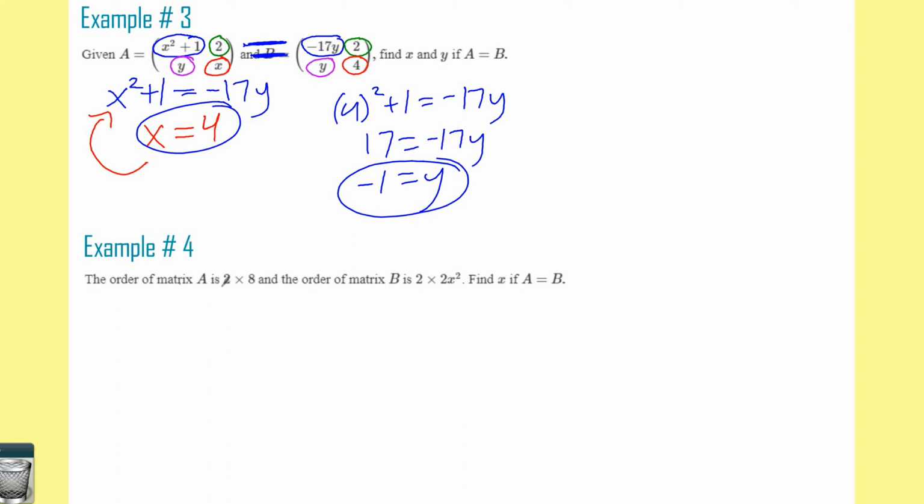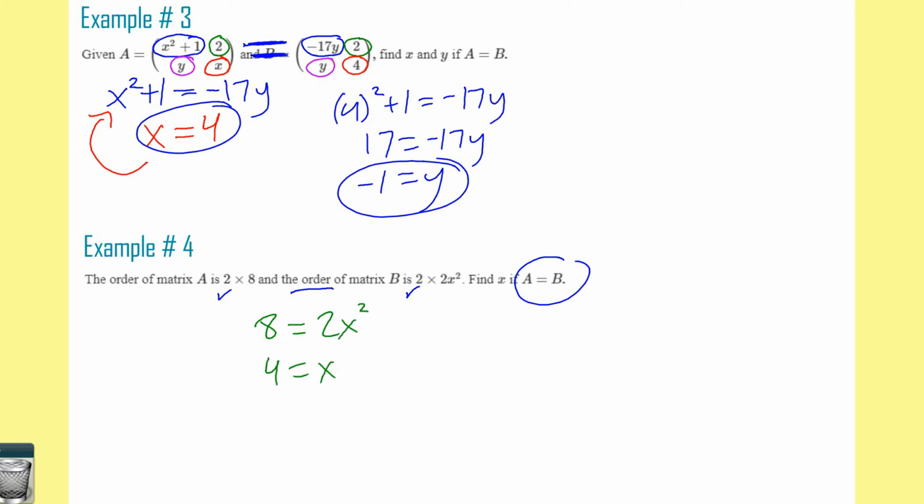Okay, so the order of matrix A is 2 by 8, and the order of matrix B is 2 by 2x squared. Well, if the matrices must equal each other, then the order must be the same. So 2 and 2, well, that's good. The second part is going to be 8 must equal 2x squared.